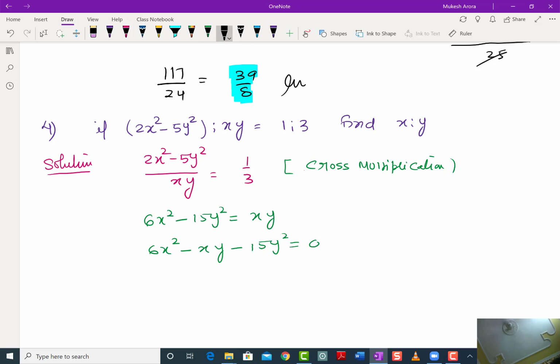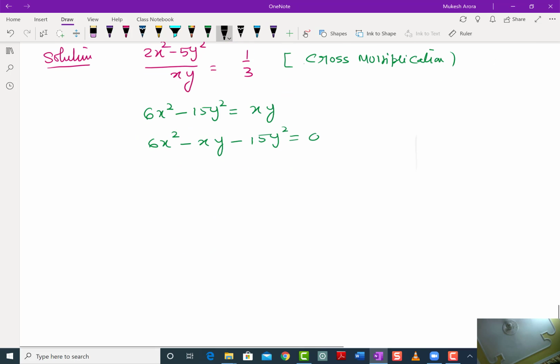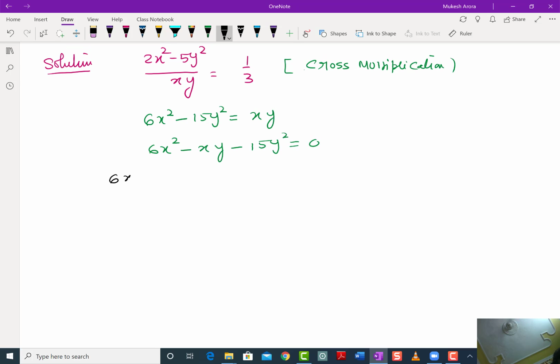Now this is in the form of a quadratic equation, 90, 10. So it will be 6x square minus 10xy plus 9xy minus 15y square is equal to 0.